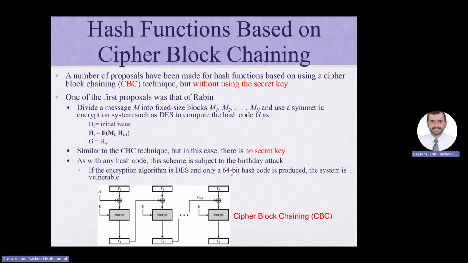So that's not secure. That's absolutely not secure.